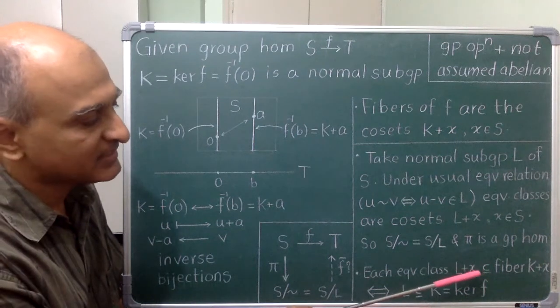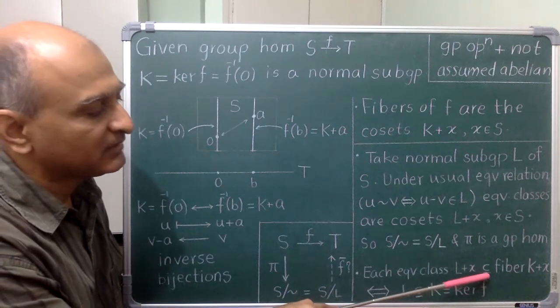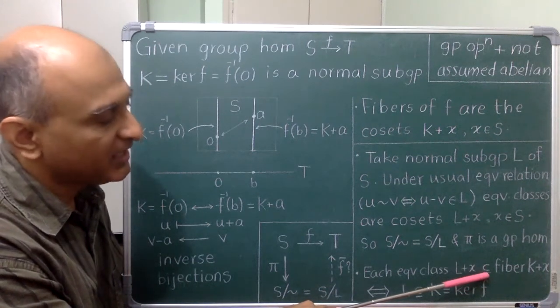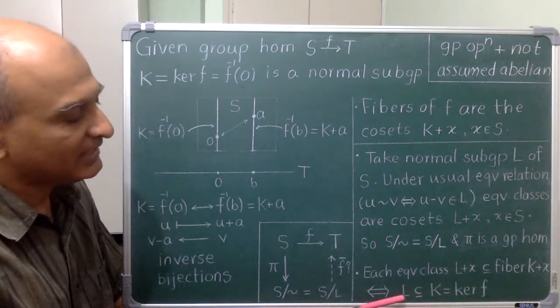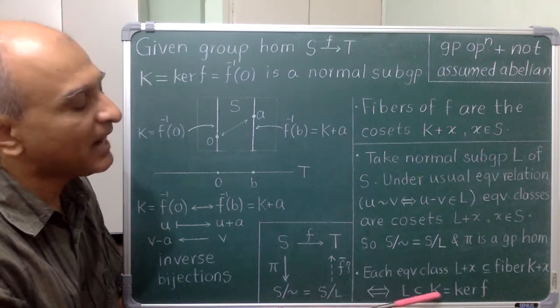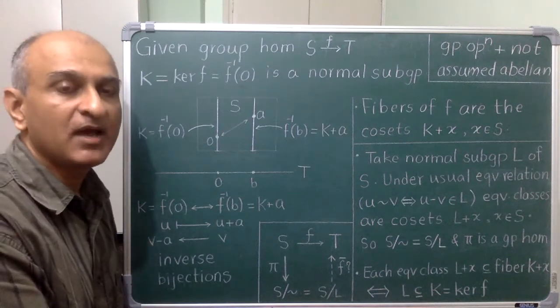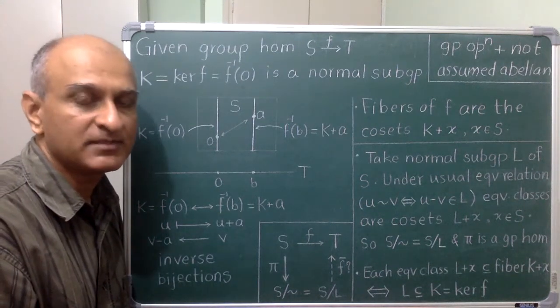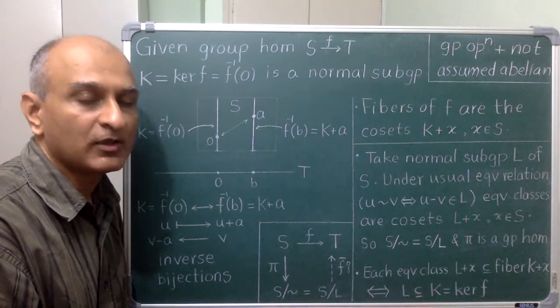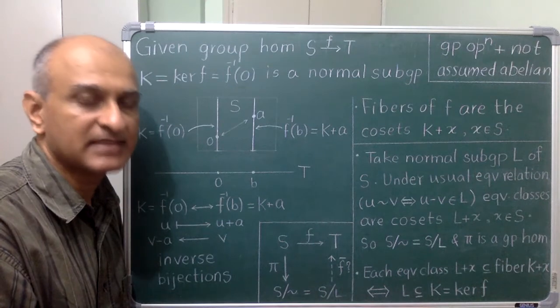Also, X is contained in both of these cosets. Therefore, this condition will hold if and only if L is contained in the kernel K. You see this just by adding X to both sides. Okay, so we are now ready to write down the isomorphism theorem for groups, but also for vector spaces and rings, because the argument stays exactly the same.